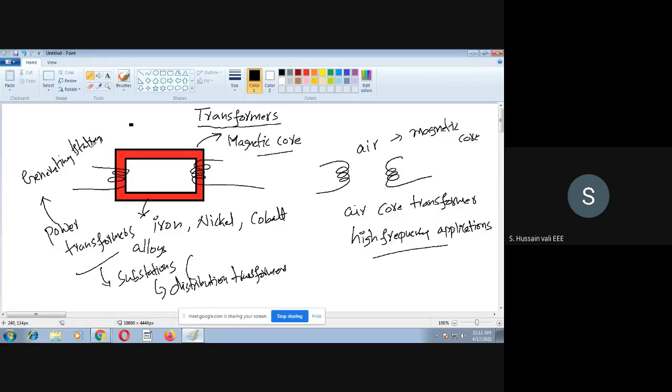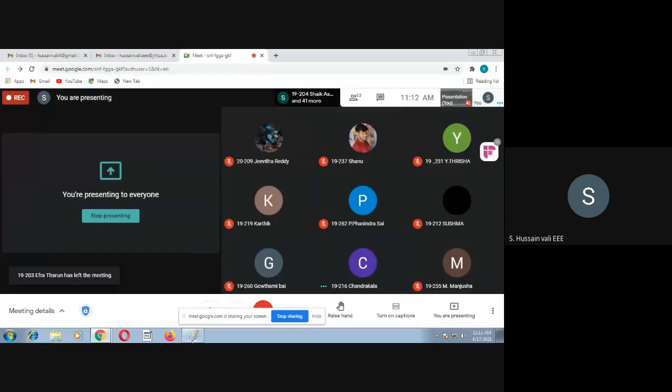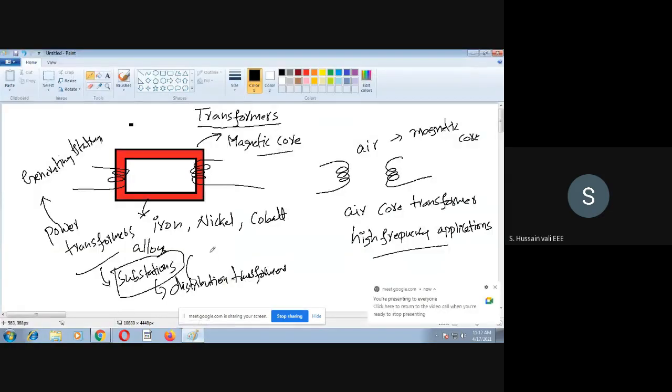But one thing I will tell: the transformers which you will find in the substations, you may be familiar with substations because you have seen them, they operate at 50 hertz frequency. In India it is 50 hertz frequency.